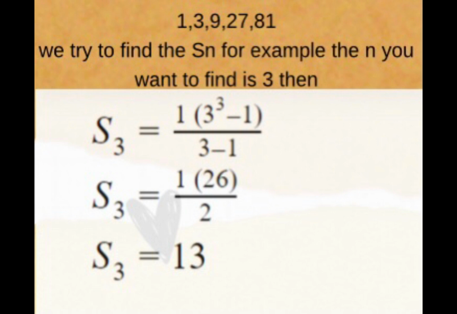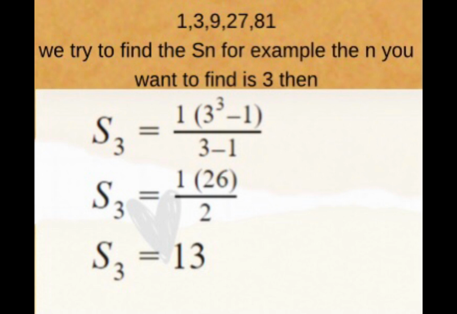So, for example, 1, 3, 9, 27, and 81. We try to find the Sn. For example, the n you want to find is 3. So n we replace and choose 3.